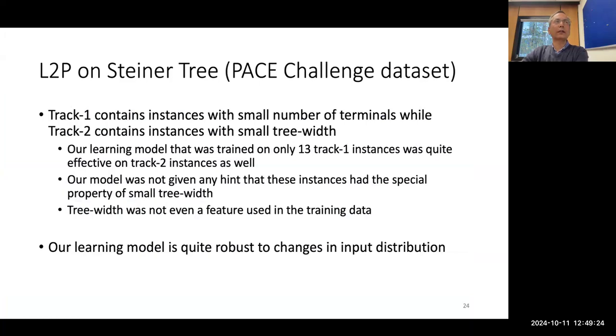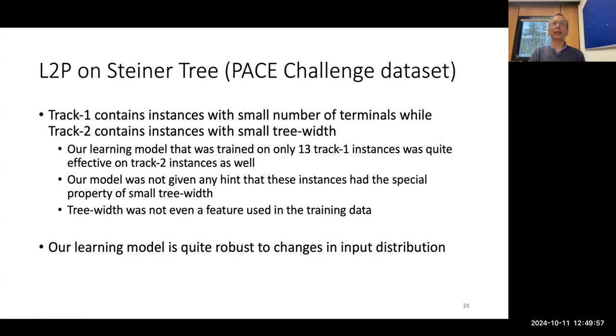Now, another interesting thing that we observed from this Steiner tree problem was on the PACE challenge data set. On this data set, we had two tracks. Track 1 contained instances with a small number of terminals, and track 2 contained instances with small tree width. So we trained the model on very few instances from track 1. And we found that this model was actually very effective on the track 2 instances as well.